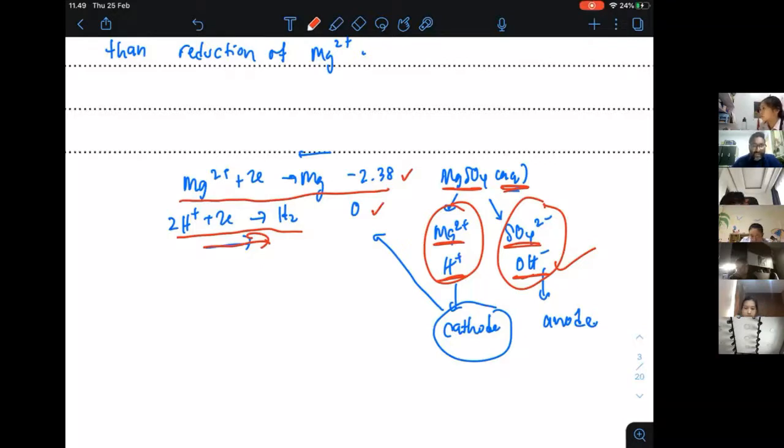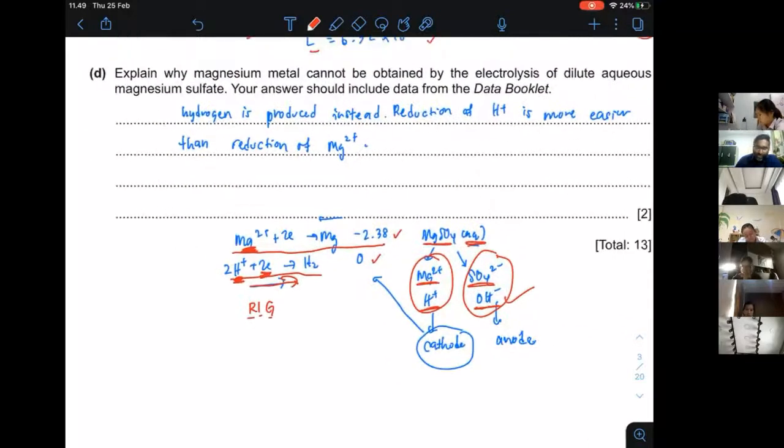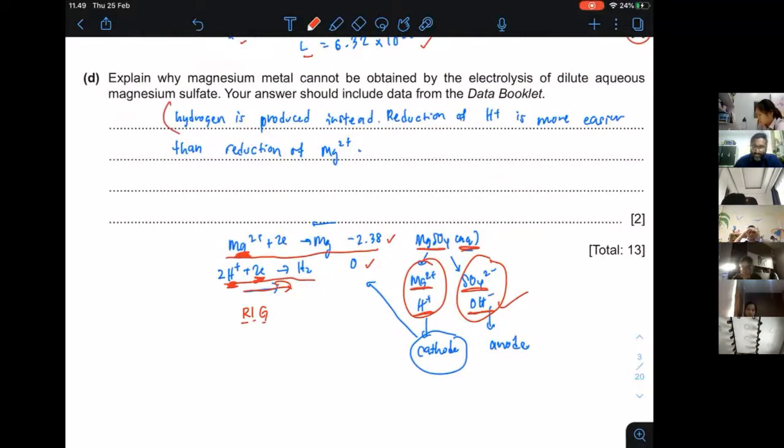It's easier to add electron. What is adding electron? It's going to be reduction. Reduction is gain of electron. So it means it's easier to reduce H+ compared to reducing Mg2+. That's the reason. So here, when you write down, you can write down hydrogen is produced instead.